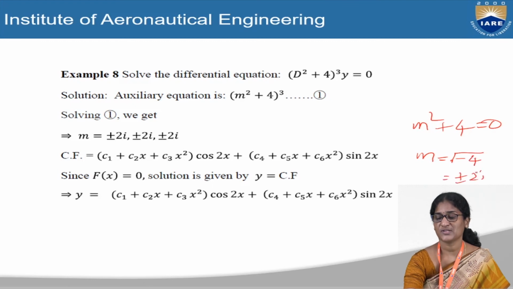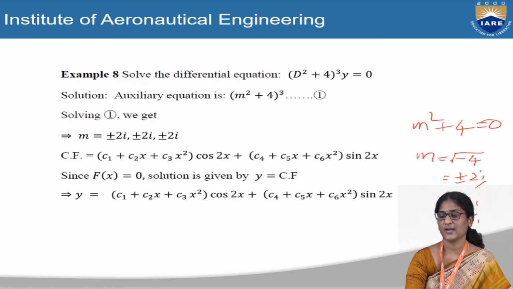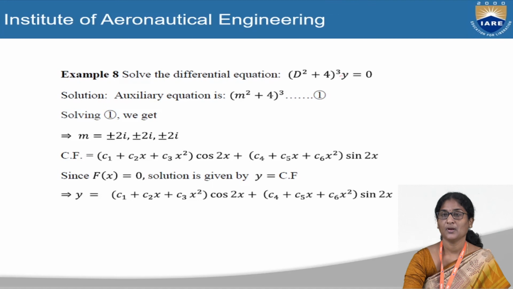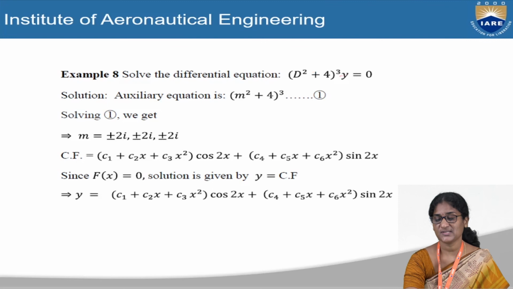So how many terms are there? 3 are there. So this is repeated 3 times: ±2i, ±2i and ±2i. Totally 2 into 3, that is 6 roots. So the complementary function should have 6 constants here, and it is a homogeneous equation because we don't have any Q value here.